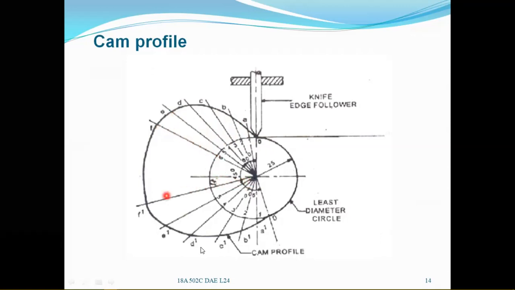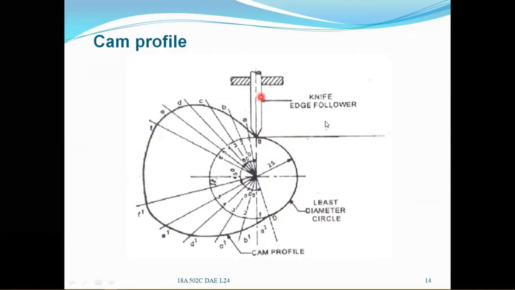Similarly, in the outstroke also, the same way. So this is 6F dash, 5E dash, 4D dash, 3C dash, 2B dash, 1A dash. Here is 0. And join all the various points to get the required profile.